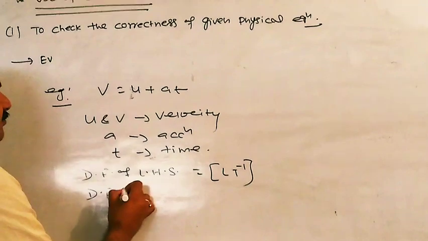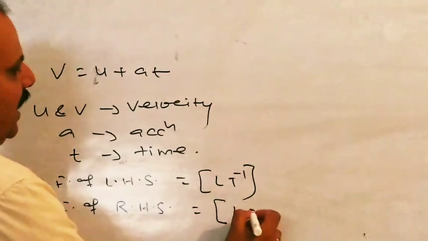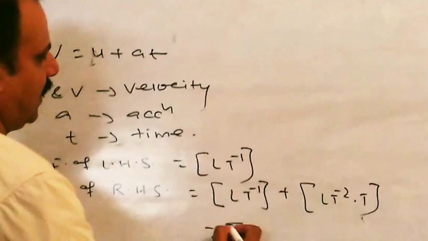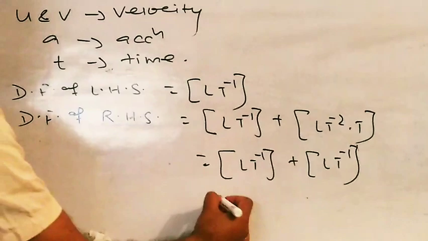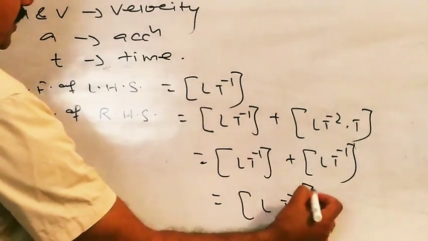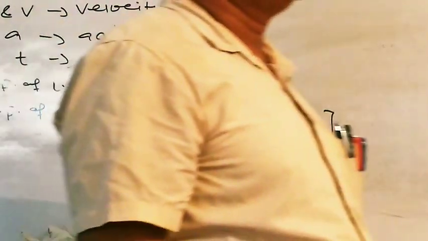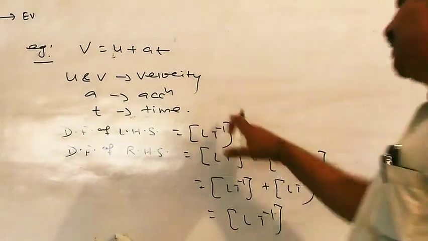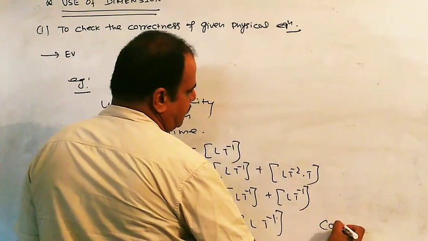DF of RHS, U is LT minus 1, A is LT minus 2 into T, LT inverse plus LT inverse. The whole power of L is 1, T is minus 1 here. You can also write 2 times LT inverse. 2 has no meaning in the sense of dimension. The power of L is 1 here. In RHS also 1. T is minus 1, T is minus 1. So it is physically correct.